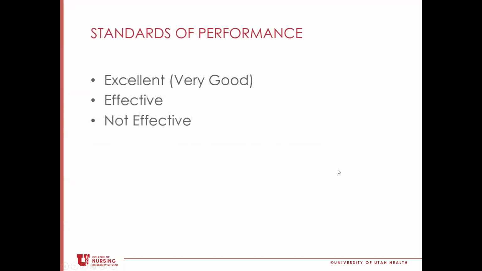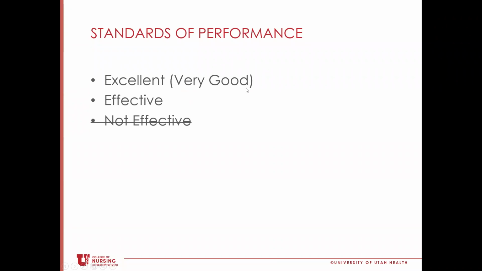So those areas of accomplishment are then measured, and work is evaluated in really broadly 2 categories: excellent or effective. There is a category for not effective, but we're not going to really talk about that today, since that's not going to happen. And then I'll point out a place where the College of Nursing, for example, has divided their excellent category into two metrics. One is excellent and one is very good.